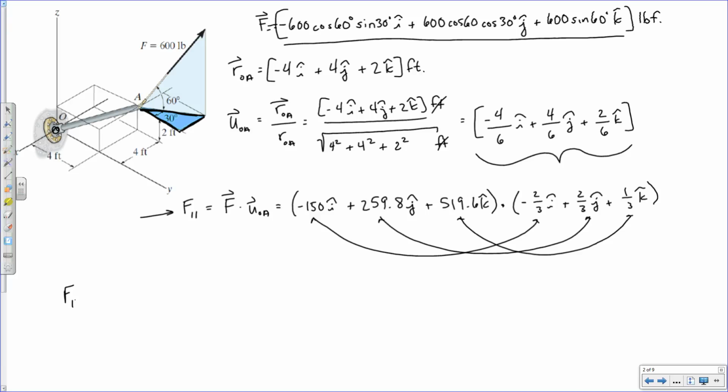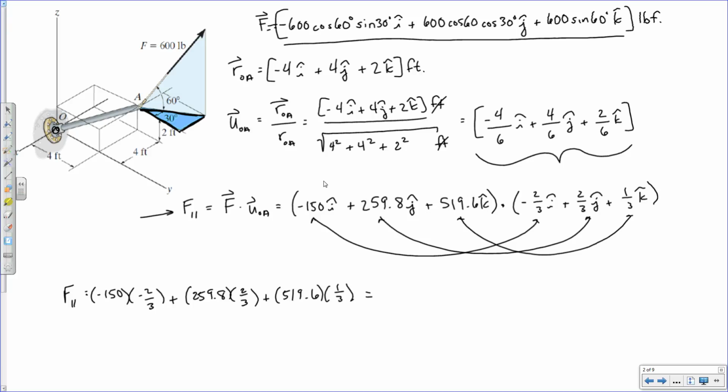So f parallel is equal to negative 150, don't forget the signs, times negative 2/3 plus 259.8 times 2/3 plus 519.6 times 1/3. There are no I hats, j hats, or k hats in this equation.